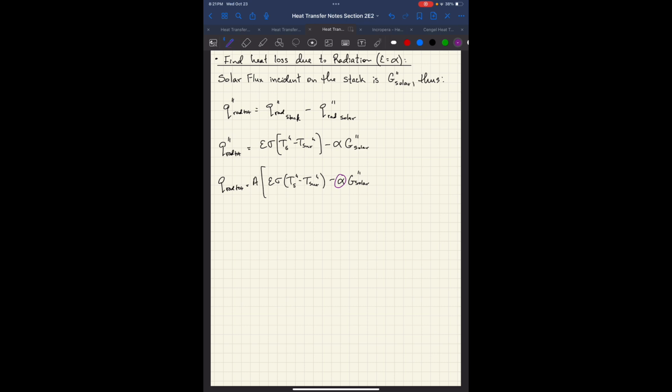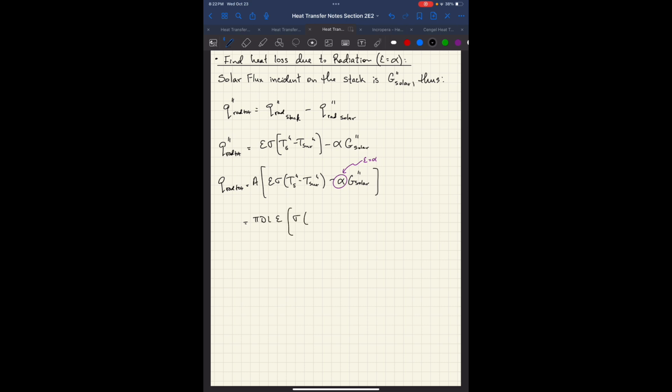And here I'm going to note that for this guy, epsilon equals alpha because we're told in the problem we can assume gray body. So that's going to come out as a common factor, which is nice. We also have the surface area is pi D L. I'm going to take out that epsilon as a common factor.